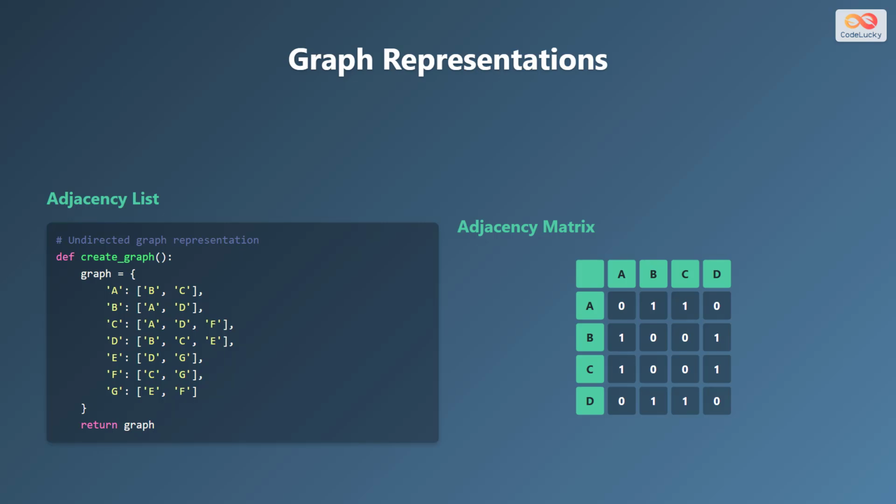A 1 in the matrix indicates an edge between two vertices, while a 0 indicates no edge. For instance, the entry at row A, column B is 1, showing that there is an edge from A to B. Similarly, the entry at row B, column A is also 1, indicating the edge from B to A. This is for an undirected graph. The choice of representation depends on the specific problem and the trade-offs between space and time complexity.